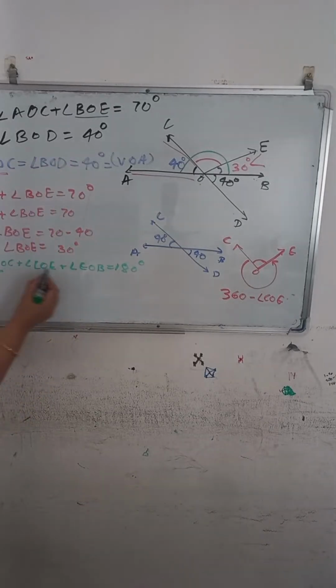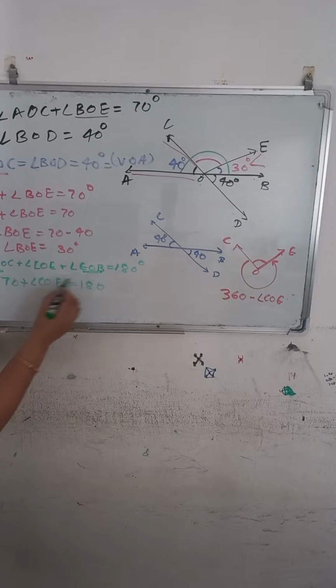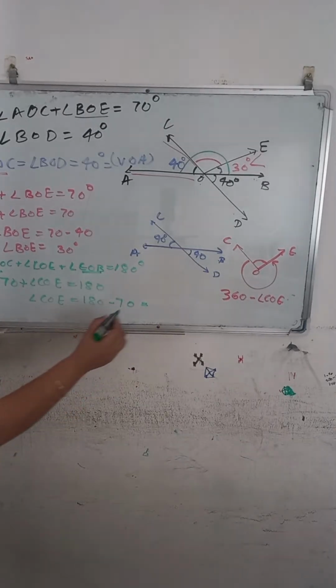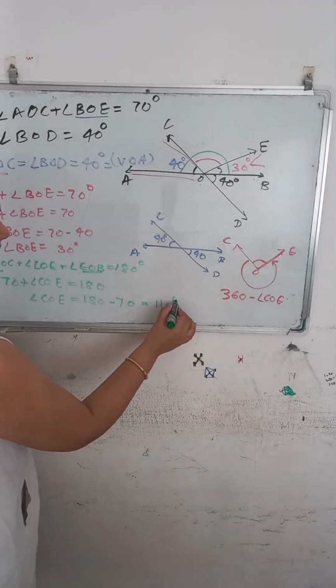And angle AOC plus EOB is 70 degrees, plus angle COE, which I have to find out, equals 180. Transposing 70, it becomes minus 70. So 180 minus 70 is 110 degrees.